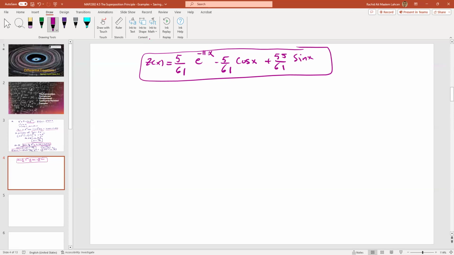All right. This other question, I think, is just to write the particular solution and not solve. So let's see what I want to do here. Let me give an example.